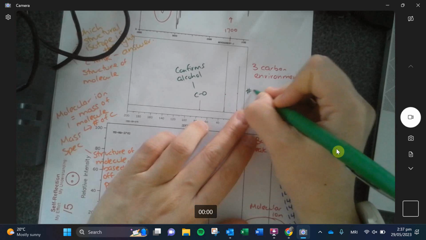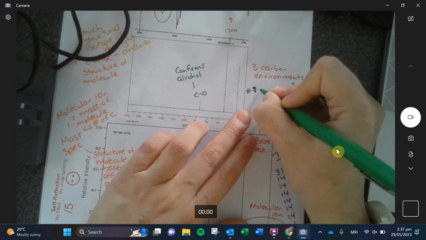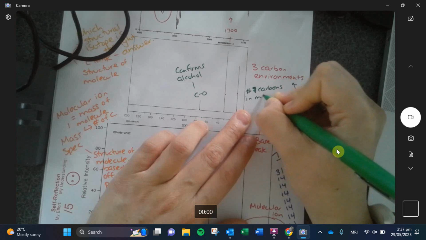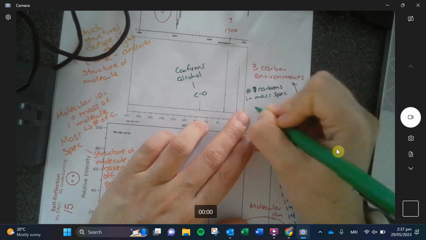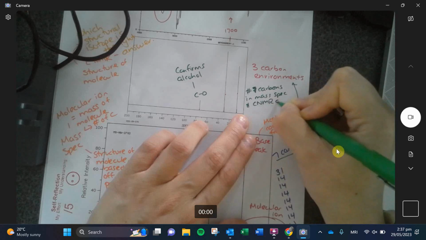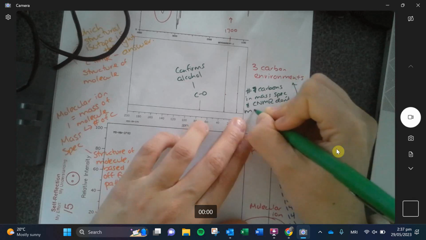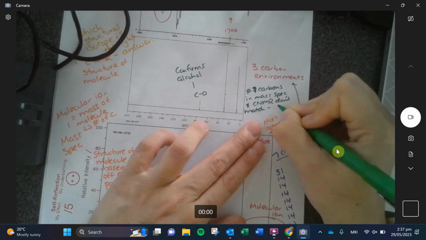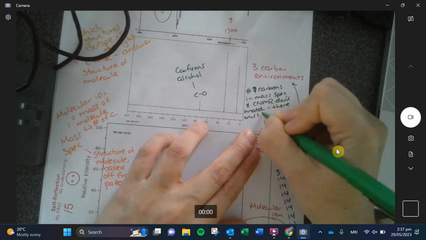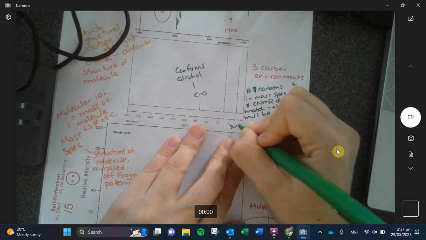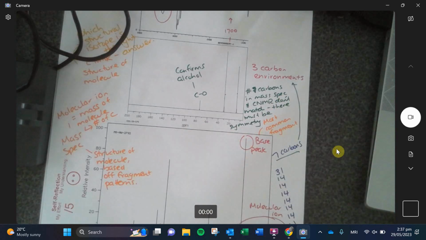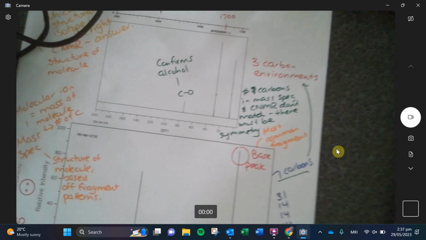So number of carbons in mass spec and CMMR don't match, so there must be symmetry. Which is what we figured out when we were doing our working anyway on the next page, if you guys remember.